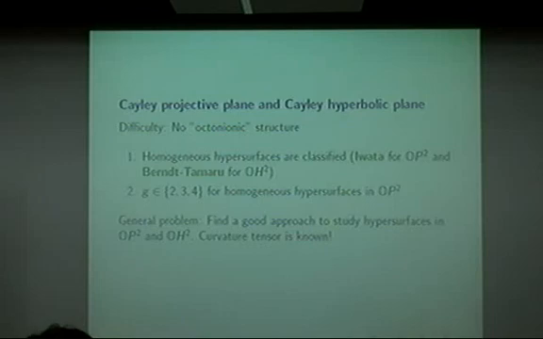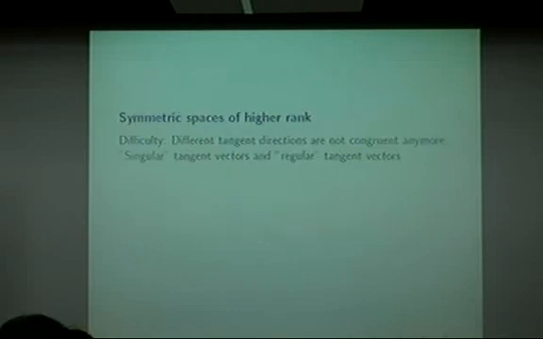So what I've discussed is what is known in the rank 1 symmetric spaces. These are just the projective and hyperbolic spaces over the normed real division algebras, and the spheres, of course. And now I want to move to something more complicated, symmetric spaces of higher rank.